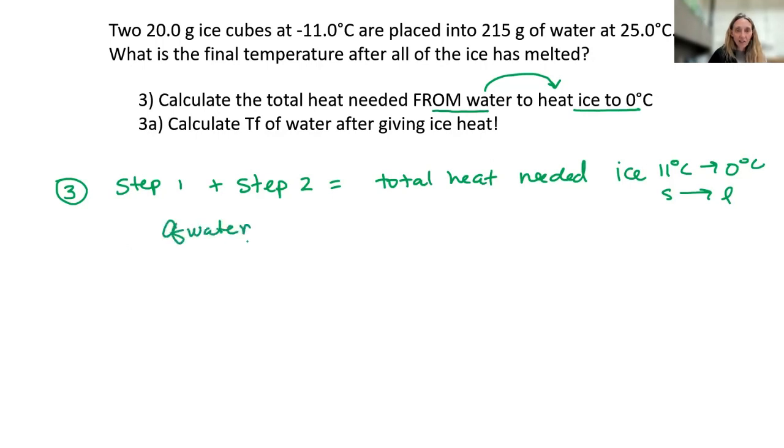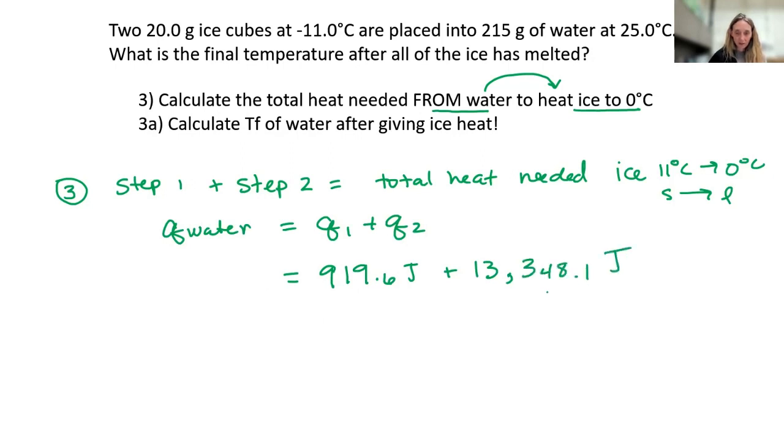So step 1 is this top part, step 2 is that last part. So the heat that's needed from the water is going to equal Q1 plus Q2. So we take 919.6 joules. We're going to add 13,348.1 joules.